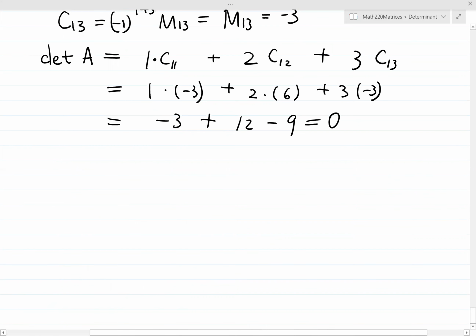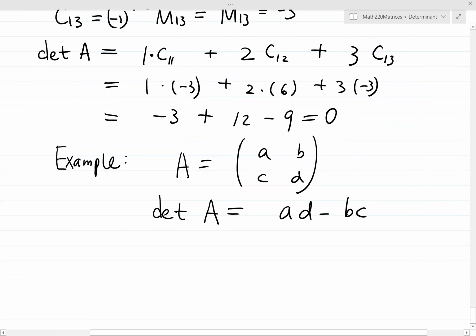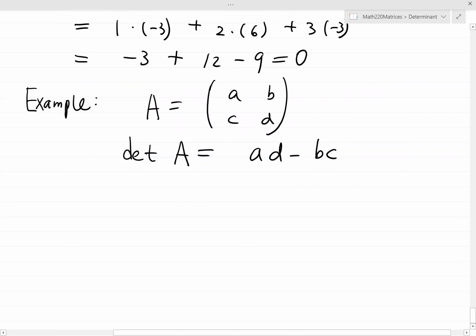Okay, example. A is [A B; C D]. Remember, we already know the definition: the determinant of A is AD minus BC. To make this more explicit, let's use the cofactor definition.